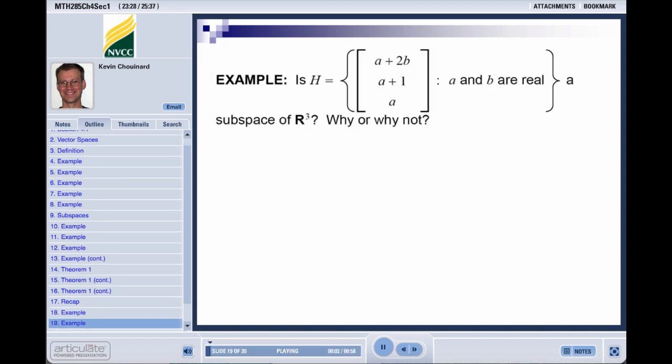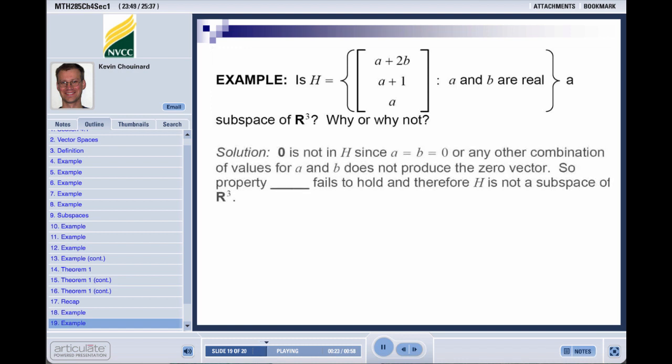Here is another example. Suppose we have the collection H, which is a subcollection of vectors from R3, where the vectors are of the form A plus 2B for the first component, A plus 1 for the second component, and A for the third component. Is this a subspace of R3? And the answer is no, it's not, because there's no way to get the zero vector.